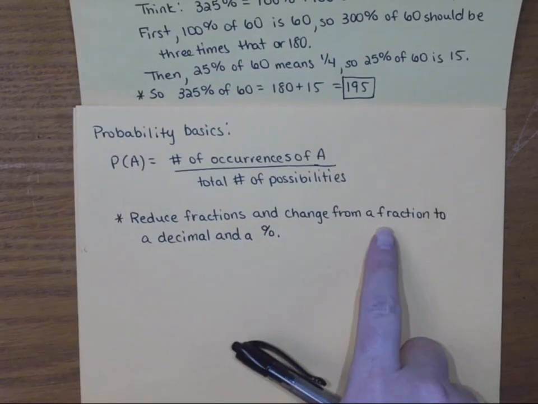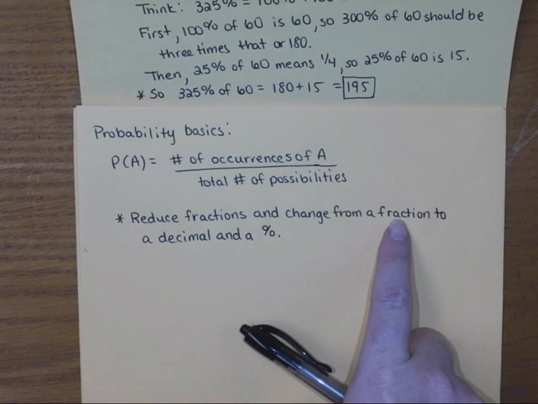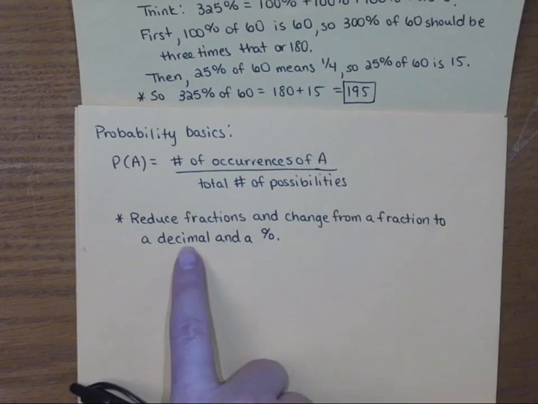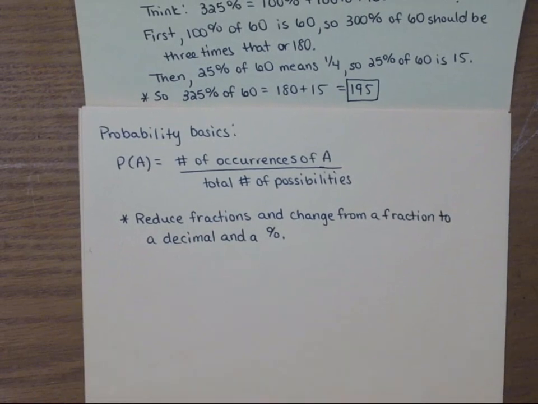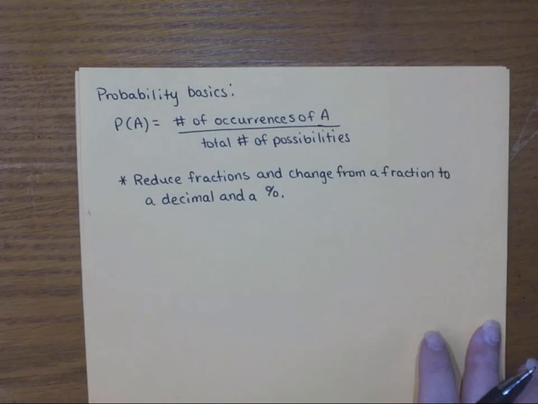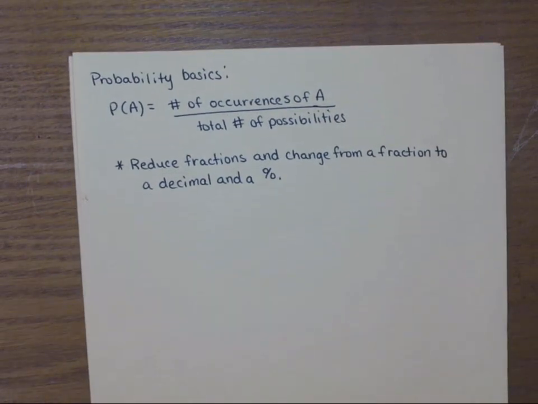Okay, spoiler alert, you divide the fraction to get the decimal, and then you move the decimal twice to get the percentage. But make sure you could do it in all forms. I might ask you for different forms. I might say, change this fraction to a decimal rounded to 2 decimal places. Or I might say, give me a percentage rounded to 1 decimal place. Like, you need to make sure you read the directions there.